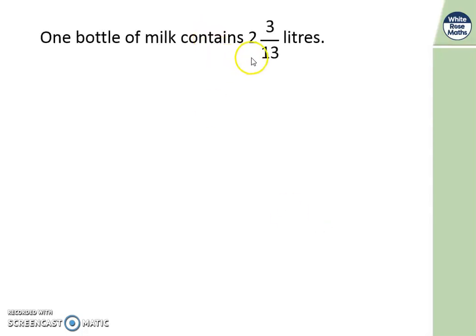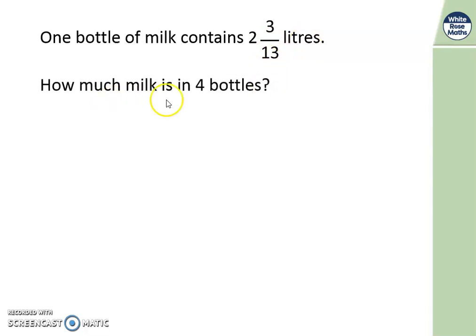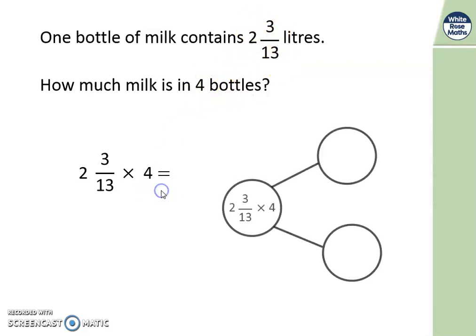1 milk bottle contains 2 3/13 of a litre. How much milk is in 4 of these bottles? So if you imagine one of those bottles, and I want to know how much is in 4 of those same bottles, I'm multiplying this number by 4 to find out how much is in 4 bottles.